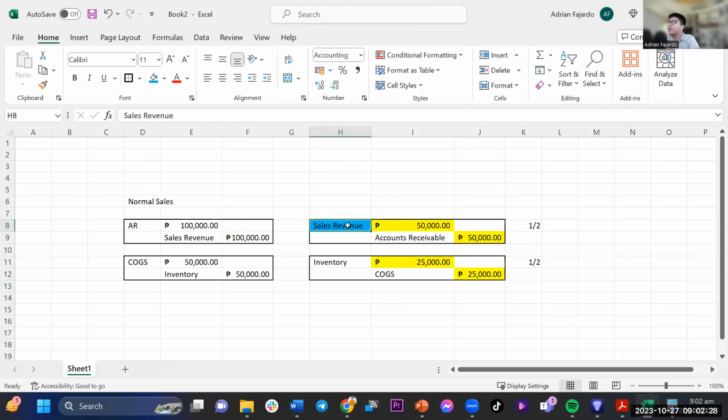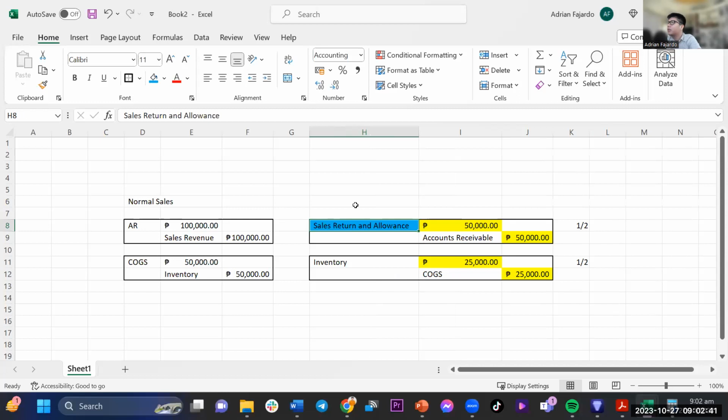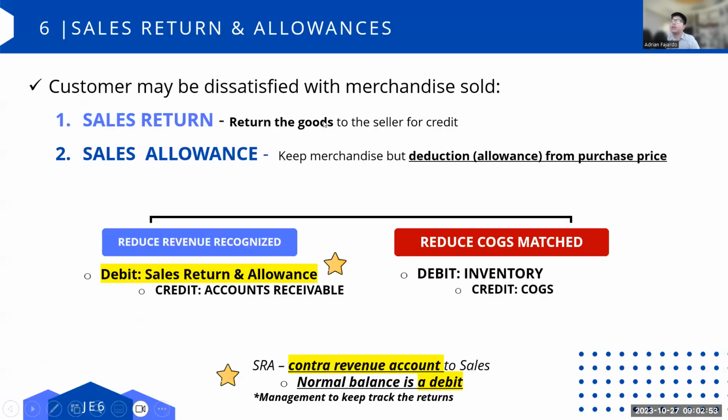Because rather than sales revenue, we're introducing a new account called sales return and allowance, which is a contra asset. So it's a contra asset na revenue. So basically, you have a T account for revenue, sales revenue.